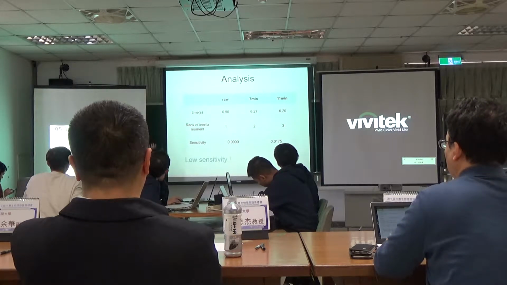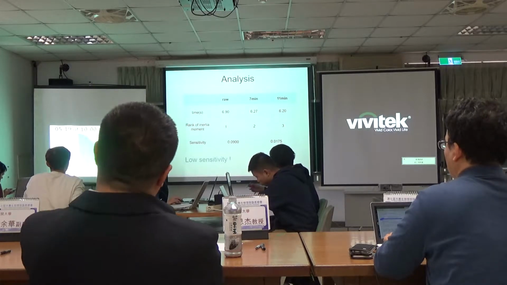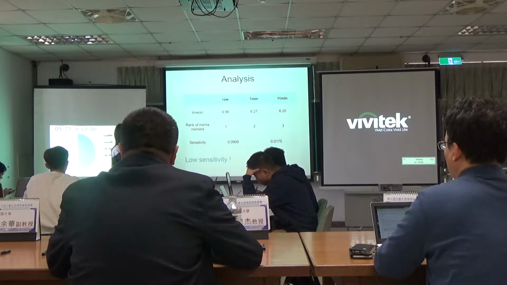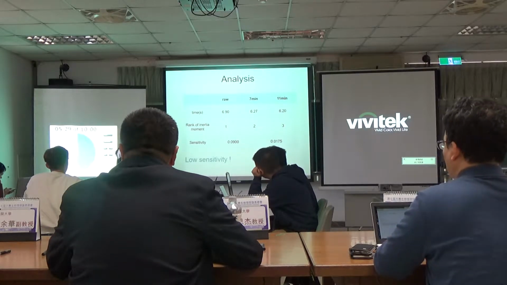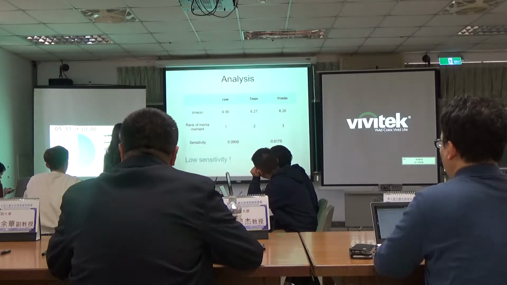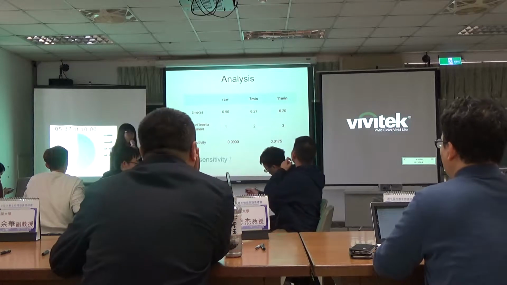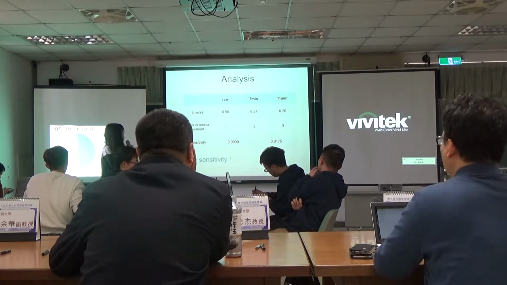When the egg is unboiled, its inertia moment is the greatest, and after it is boiled well done, its inertia moment will decrease. So due to the low sensitivity, it's still not suggested to measure the egg this way.